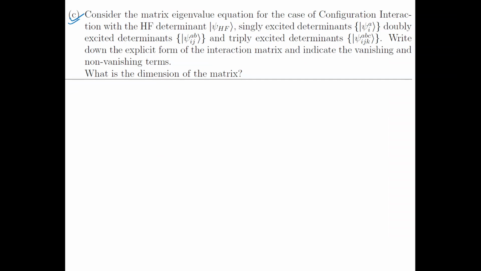This is very simple. They have asked you to take up to triples. So your total wave function becomes phi 0 and the summation of the singles, C singles, C doubles doubles, and C triples triples.